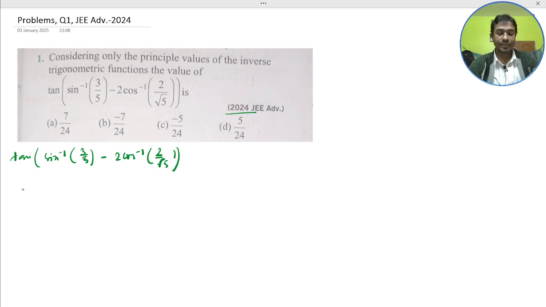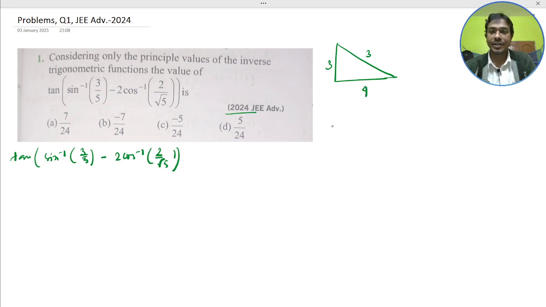We transform these to tan inverse with the help of a right-angled triangle with sides 3 and 4.